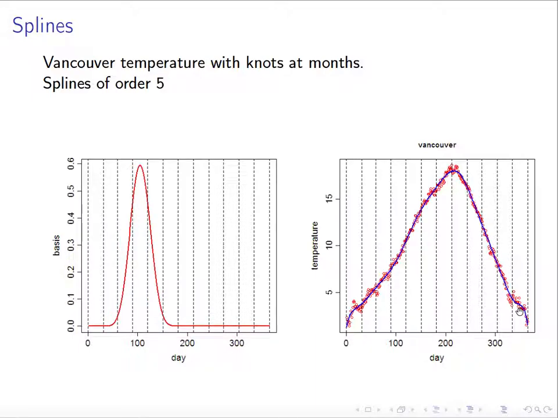And we can increase the order of the B-splines. So here is the order 5 B-spline. This left panel again shows the order 5 B-spline basis functions, and you can see this order 5 B-spline function is defined on 5 segments, joined together by polynomial functions at these knots.